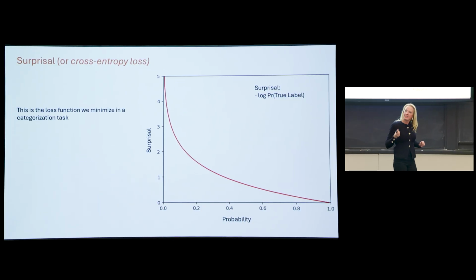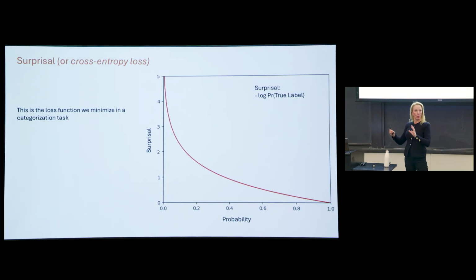It turns out that this is the loss function we want to minimize when we're doing a categorization task. What we want to do is look at what the correct label was and at the probability the model assigned to that input example belonging to that category. Then we compute the log of that and multiply by -1.